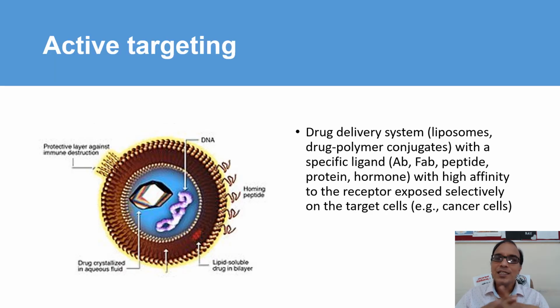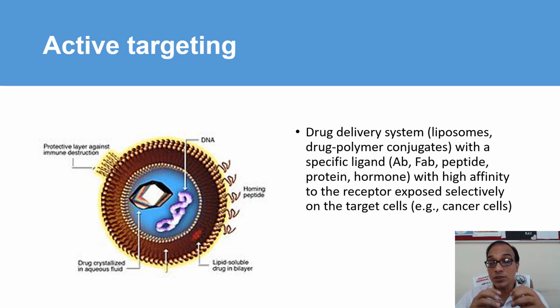Now let's move to the active targeting. We are just giving a simple approach, as we will be discussing the active targeting in our next module, but just to have an idea of how it is different.